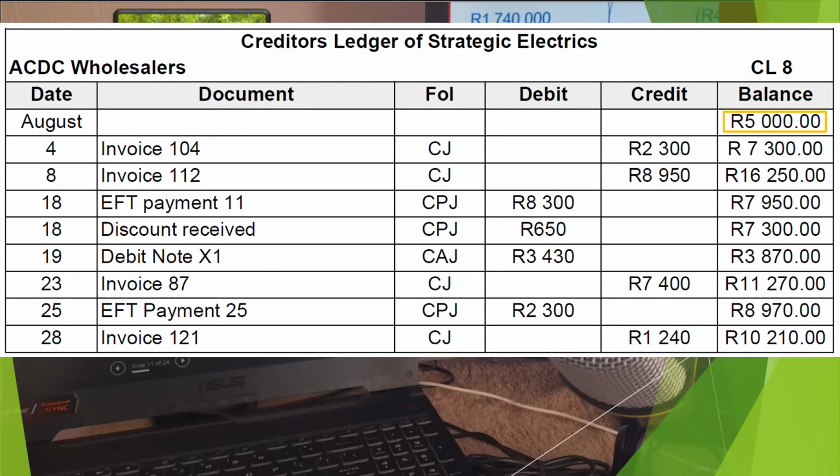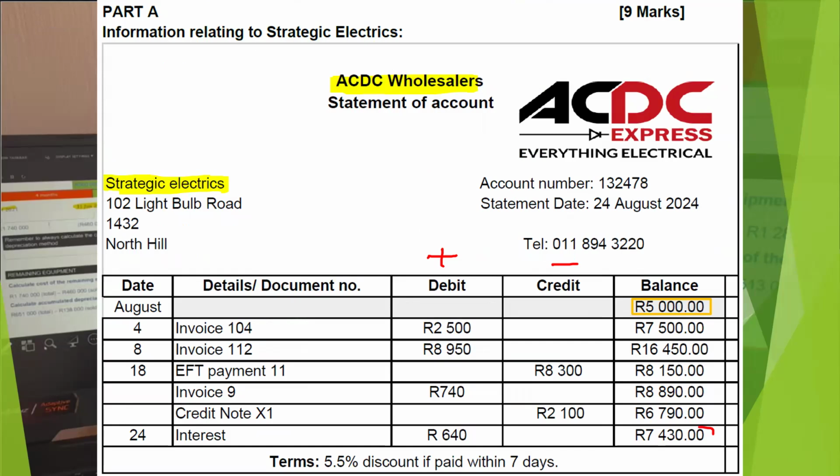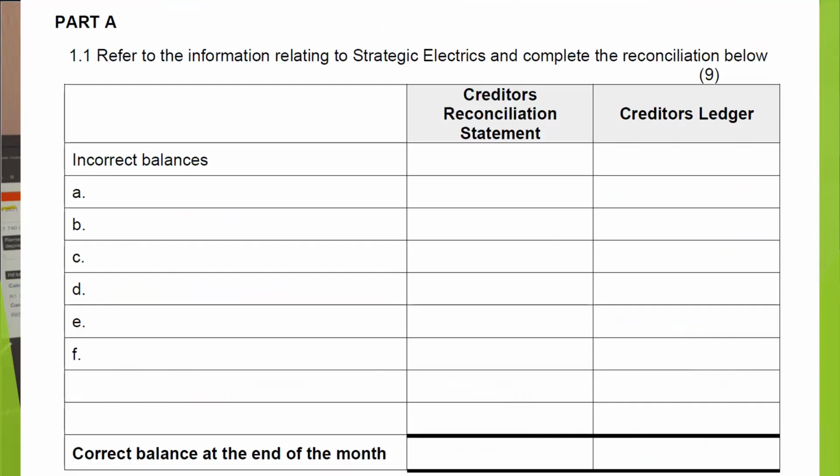And now when it comes to the closing balances, which is this balance over here, and this one over here, those two balances, we are going to start our statements, which is your creditors reconciliation statement as well as your creditors ledger.